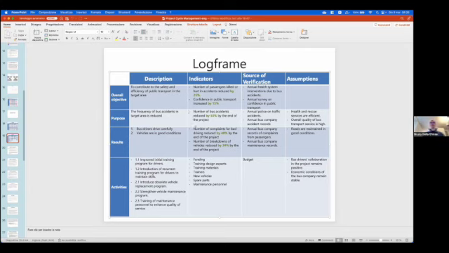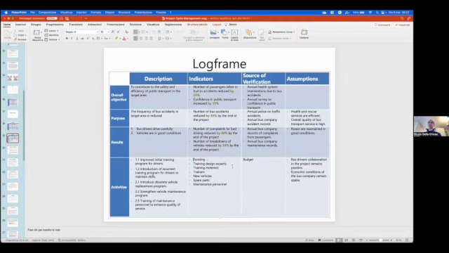And as you can see, the indicators and source of verification columns have some information that can give us, as we said, the ability to measure the results at the different levels. So in the case of the activities, what we put in the indicators is basically what we are going to use to perform the activities.